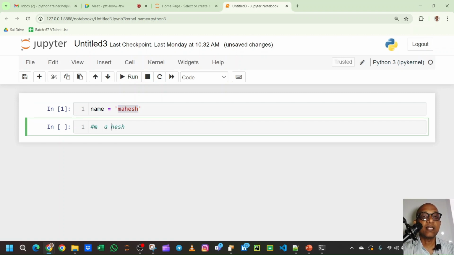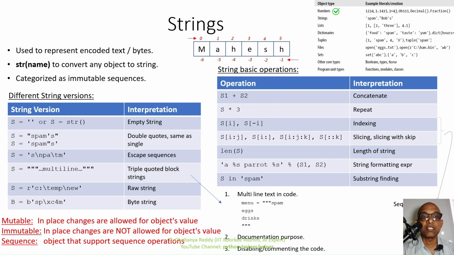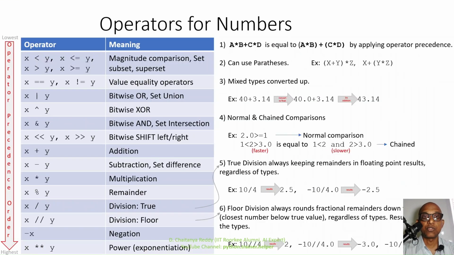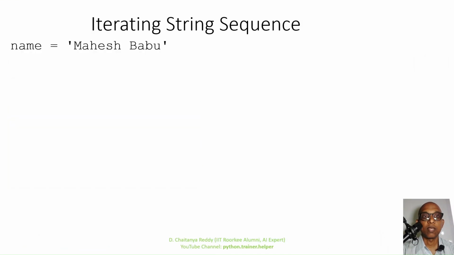So how many characters are there? 6 characters. For every character in the string, Python is going to store it in a memory location something like this. Let us just take here. So when I say name is equal to Mahesh, what will Python do immediately?